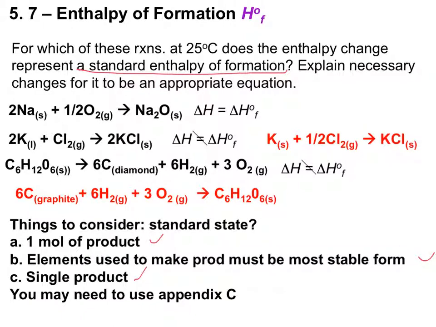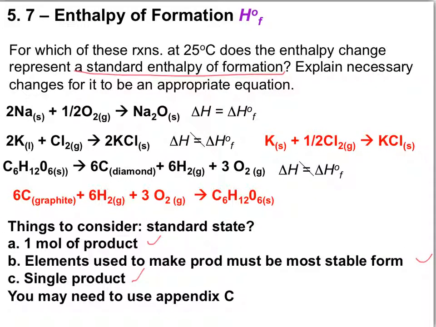Okay, so if we look at this first equation, the first thing we look at is how many moles of product we have. In this situation, we have 1 mole. So our first necessity, or our first characterizing factor, is accepted and correct. Alright, elements used to make the product must be in the most stable form. Okay, sodium typically is a solid in normal conditions, and oxygen is a gas.